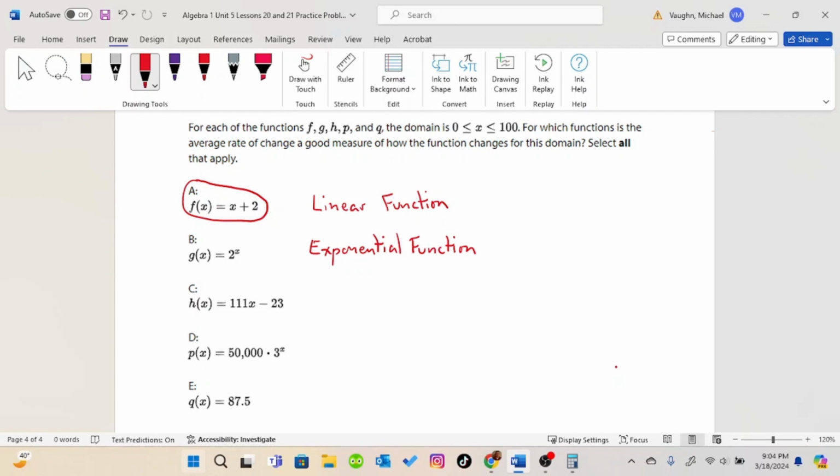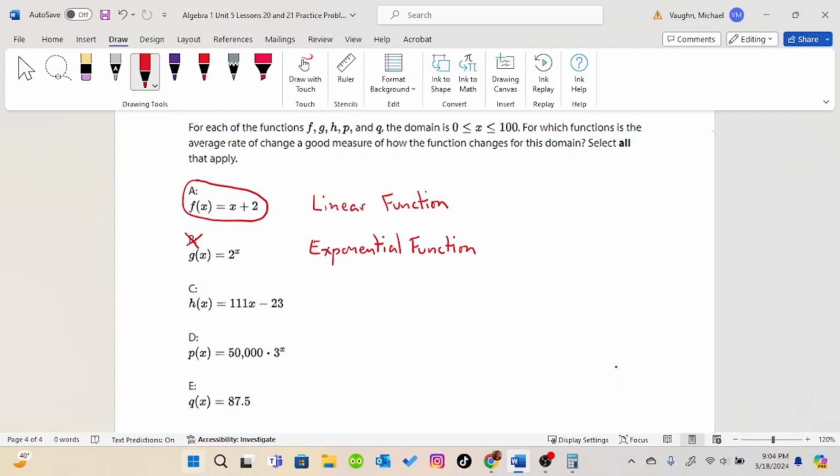The rate of change for an exponential function varies greatly between the beginning of the domain and the end of the domain. So, rate of change is not a good way to measure how the function changes over a domain as big as 0 to 100.